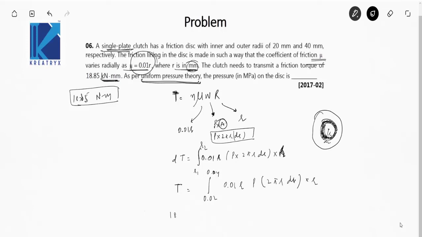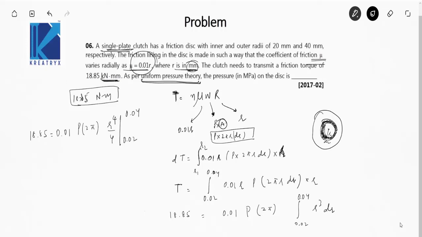So 18.85 newton meter is equal to, take this 0.01 out, take this p also out because the uniform pressure theory is given. So 2 pi comes out of the integration, and this becomes the integral from 0.02 to 0.04 of r cube dr. When you solve it, it will be 18.85 equal to 0.01 p 2 pi and r raised to the power 4 by 4, with limits 0.02 meter to 0.04 meter.